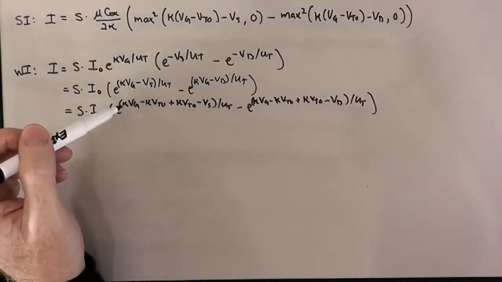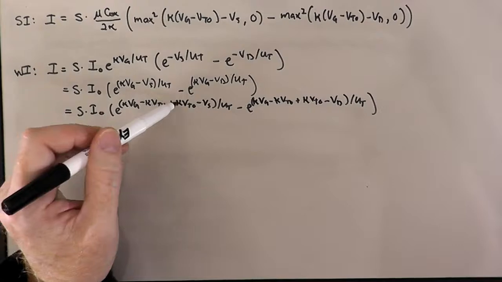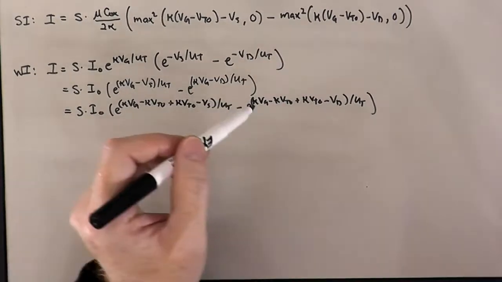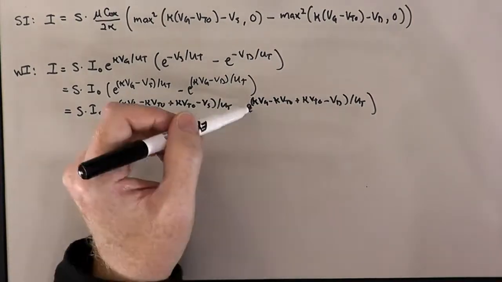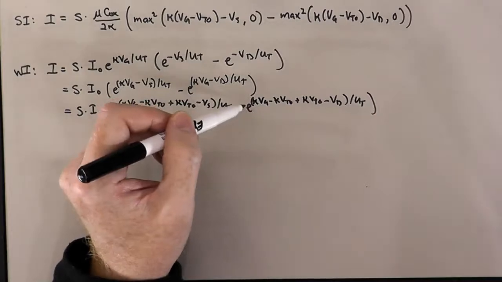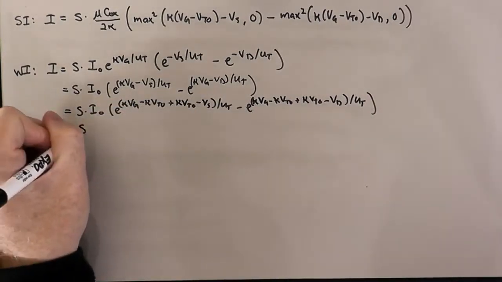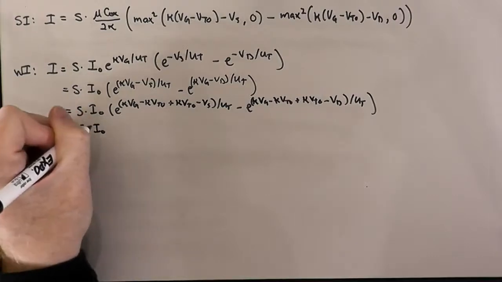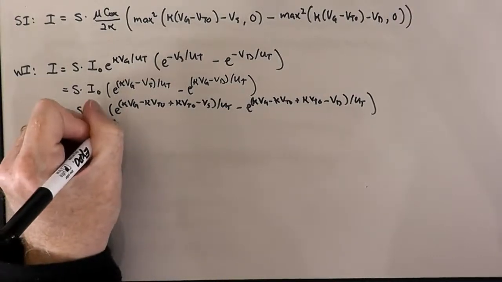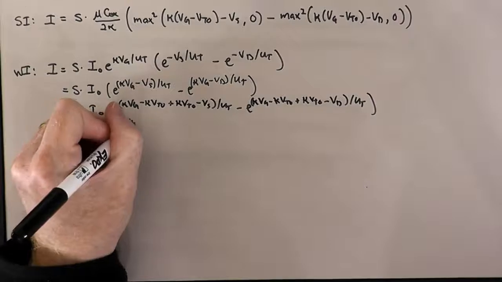And we can take this e to the plus kappa Vt0 over Ut that's common to both of these terms and break off that single exponential factor and factor it out. And rewrite this as S times I0 e to the kappa Vt0 over Ut.